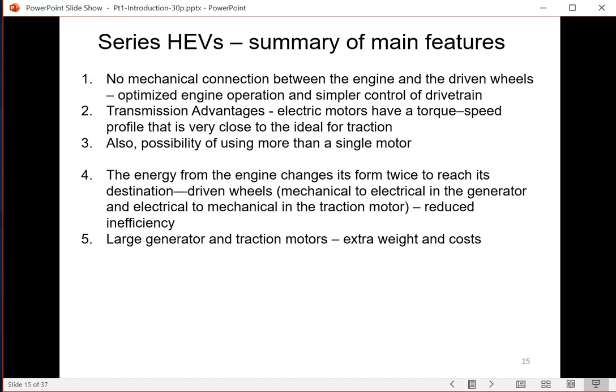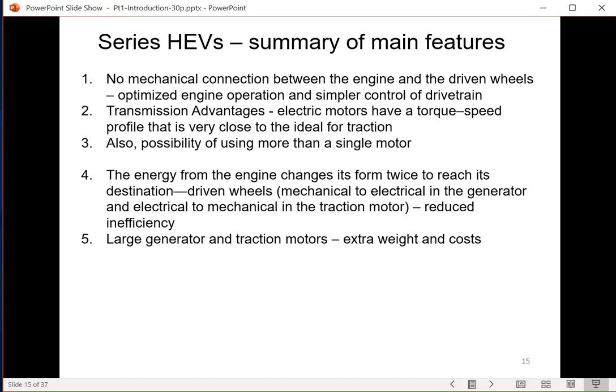The second advantage is in the transmissions. Electrical motors tend to have a better torque speed profile, which is typically what we need for driving. So at lower speed, the electrical motors can produce a high torque, and at high speed, it can be kept at a constant power region, but the torque can be reduced. But if you think about driving, we tend to have a high demand for torque because we are accelerating at low speed.